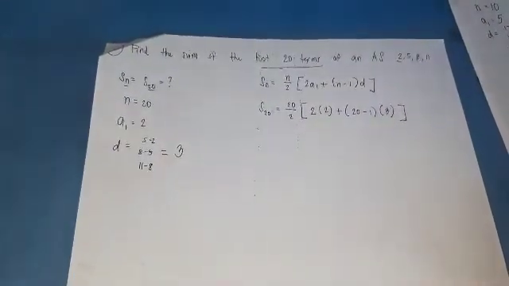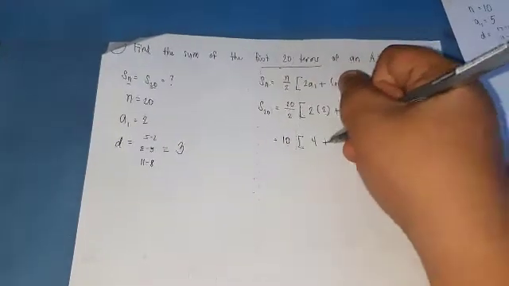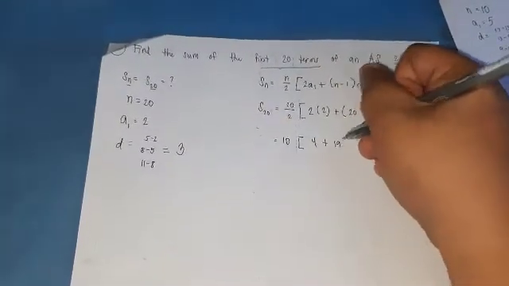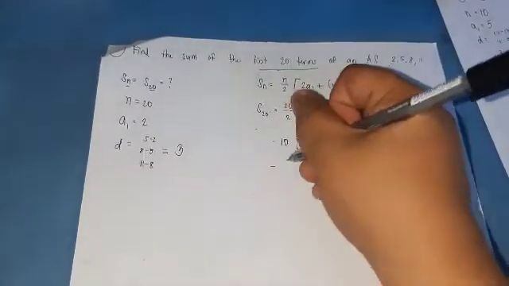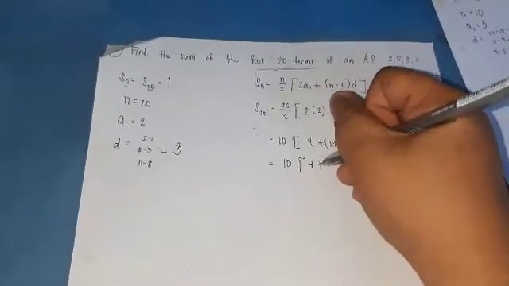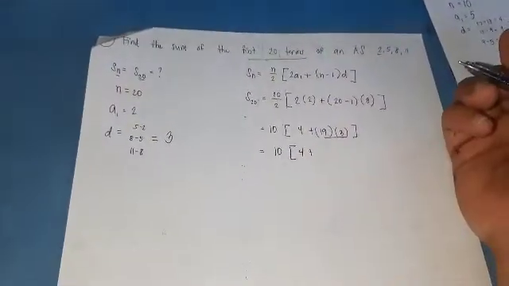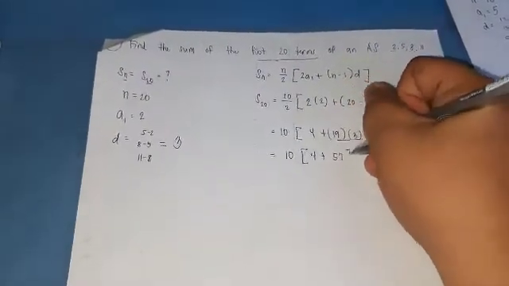Follow lang. You're going to have your 10 here. 4 plus 19 times 3. And you're going to have here 10. Still 4. Just copy. Plus your 19 times 3. It will give you 57. Correct?